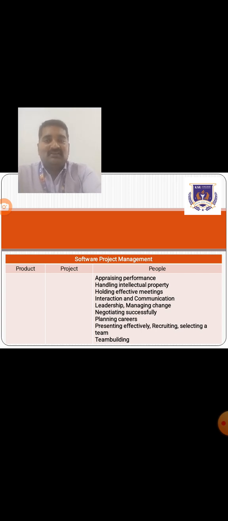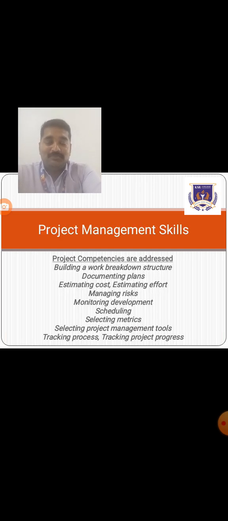Then planning the careers with respect to the product we develop, how it is going to be installed and how it is managed after installation, that is simply to say maintenance. Presenting effectively, recruiting, selecting a team. Then team building is the main thing that needs to be considered in the people competency.